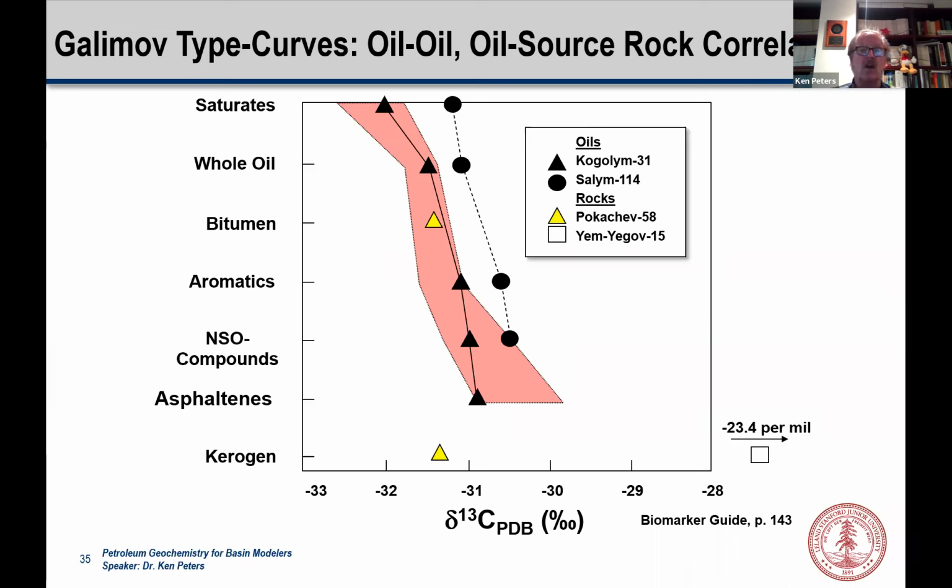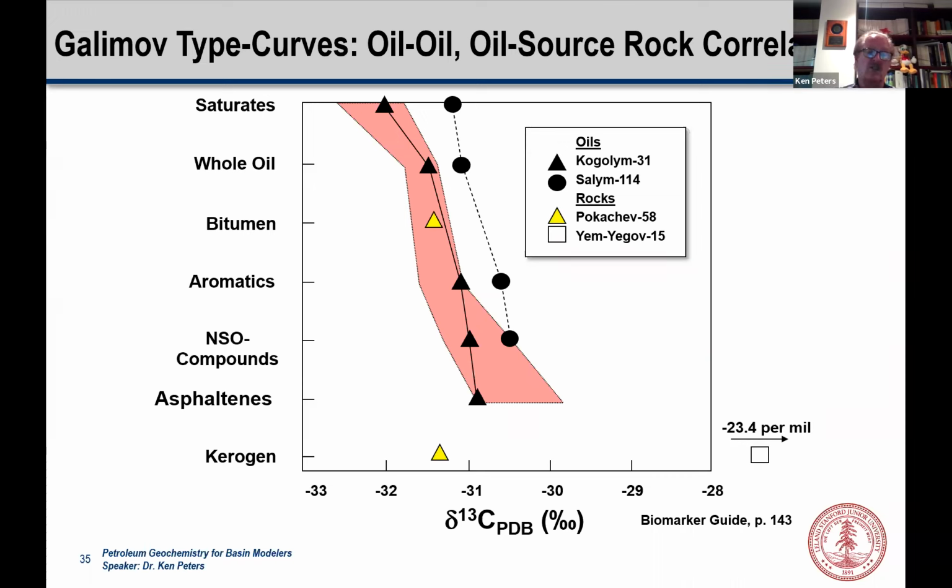You can even do some oil to source rock correlation, although it gets a little bit dicey. Here, for example, the bitumen from this rock, this Pokachev, looks like it fits a Jurassic source, but notice the isotope composition is a little bit off that trend. You'd expect it over here somewhere. Well, with kerogen, you have the reactive kerogen, but you also have the inert kerogen, which sometimes has its own isotope composition.